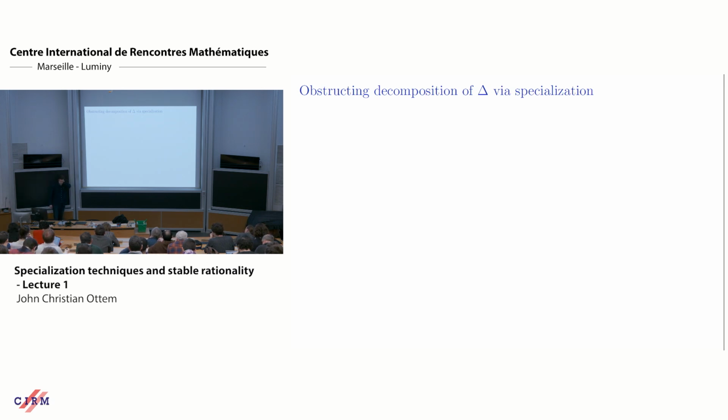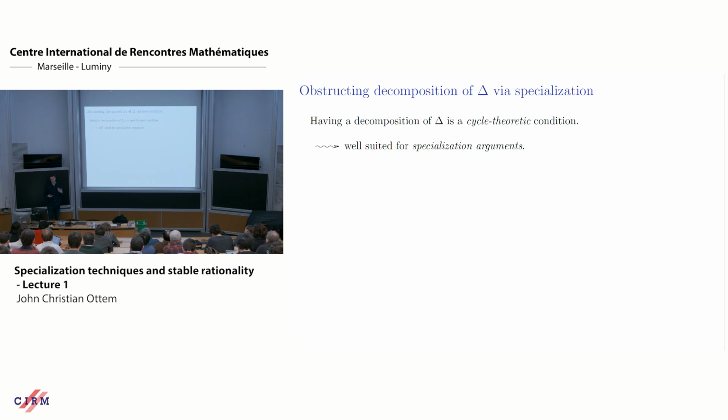So let's go back to this property of having a decomposition of the diagonal. The point is that having a decomposition of the diagonal only involves cycles. So it's asking whether some equality happens in the Chow group. And because it's a cycle theoretic condition, it's very well suited to apply specialization arguments.